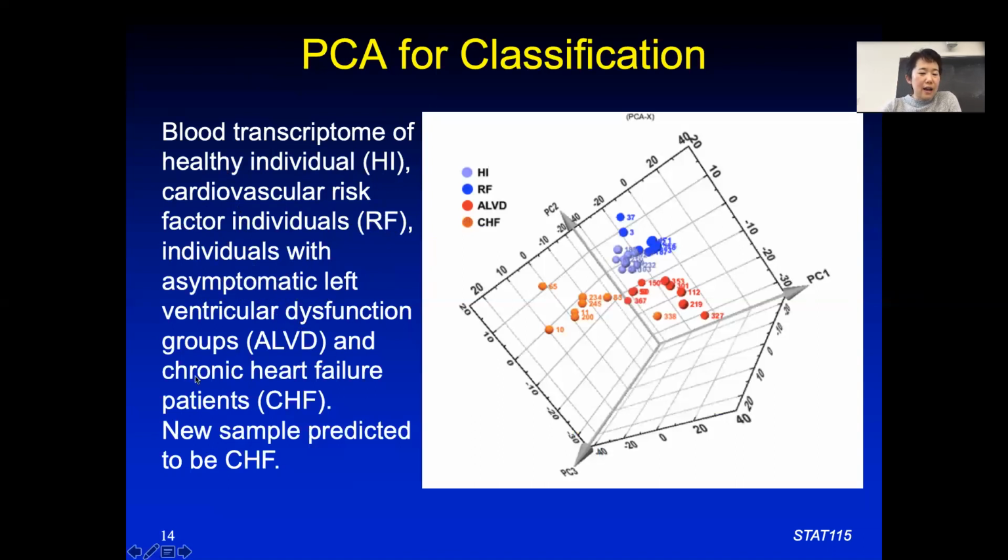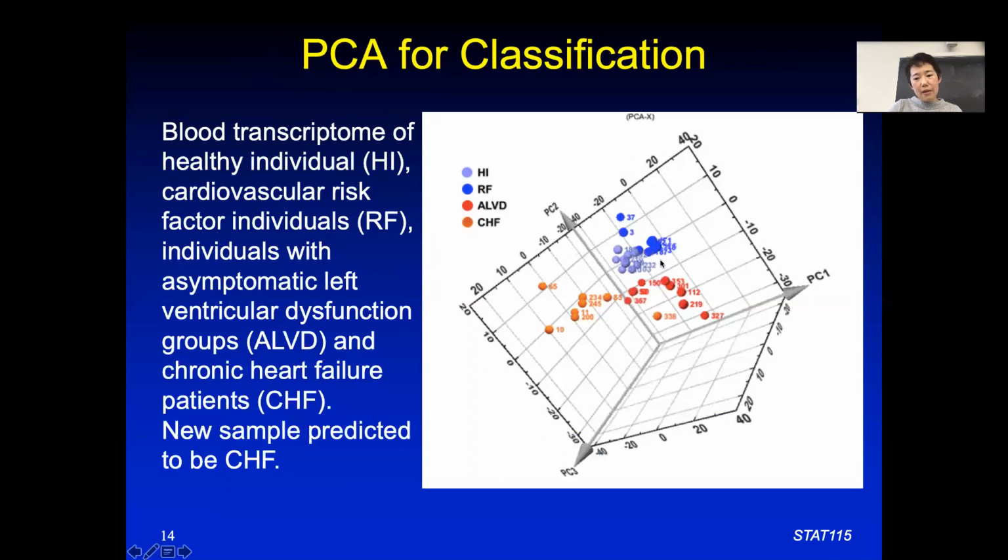And the last group is patients already having heart failure, probably already going to the ER, right? So if you get their blood and do gene expression, and then you run the principal component analysis, basically for each of the samples, we will weight their genes so that we can capture the biggest variations of the samples.